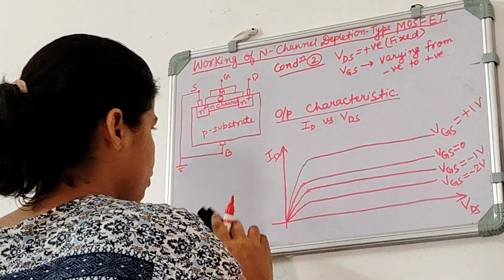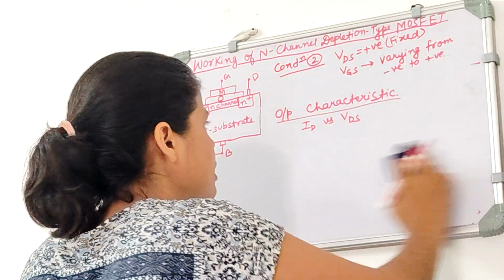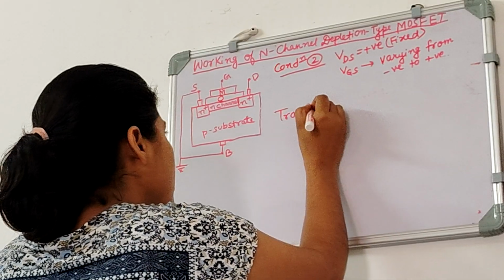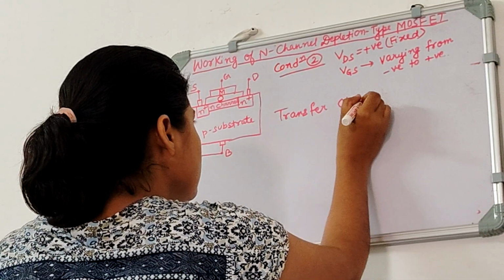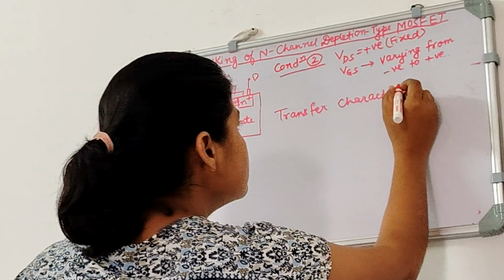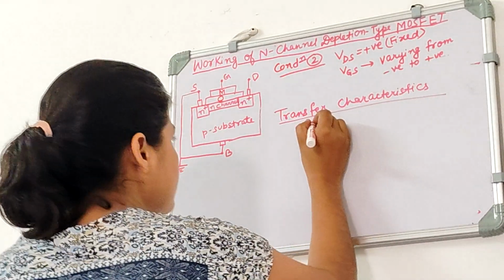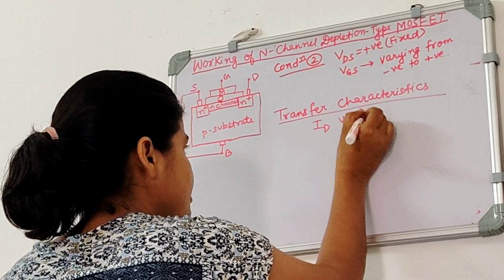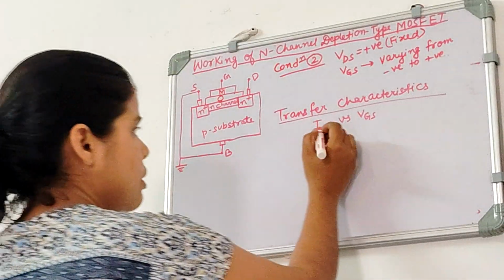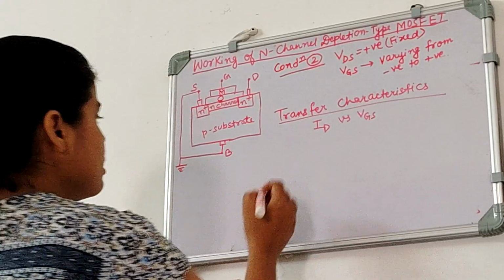Now we will see the transfer characteristic. It is called the transfer characteristic because here we will see the curve between ID versus VGS. Our ID is the output current and VGS is the input voltage. So one is output, one is input, so it is named the transfer characteristic.